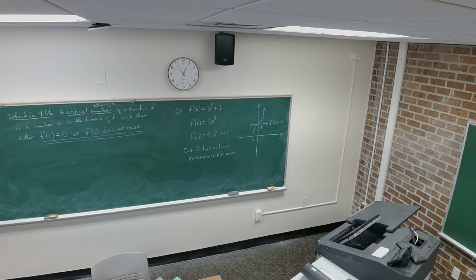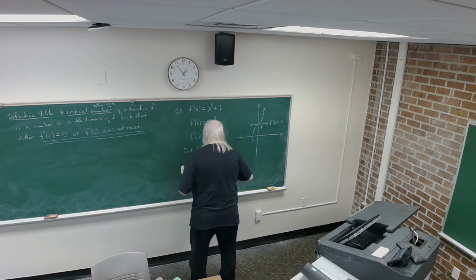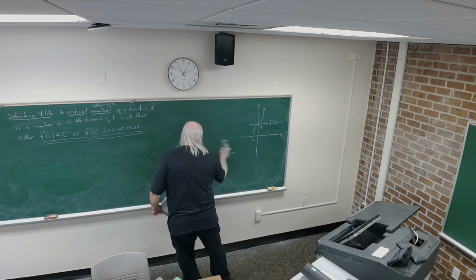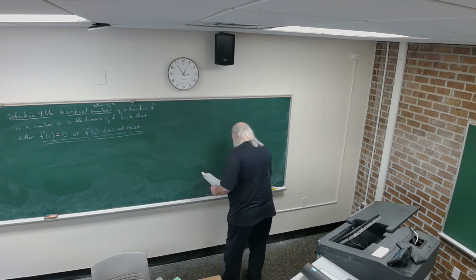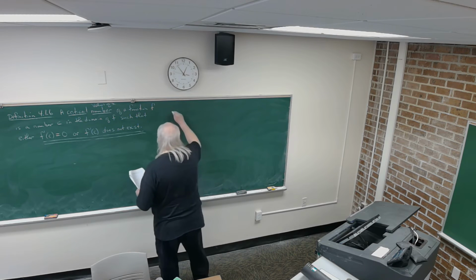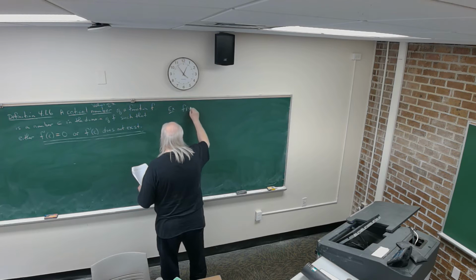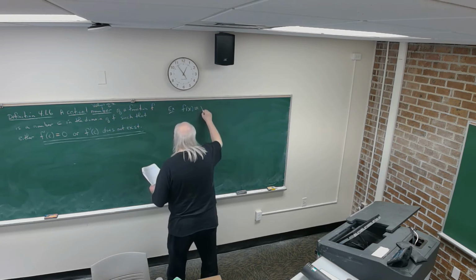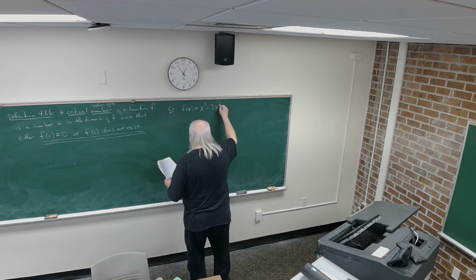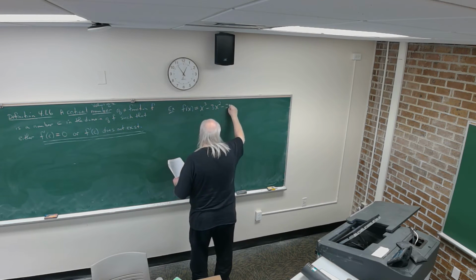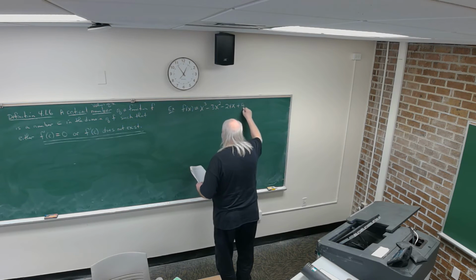So we'll demonstrate this concept with a couple examples. In the first example, we have f of x is equal to x cubed minus 3x squared minus 24x plus 92.